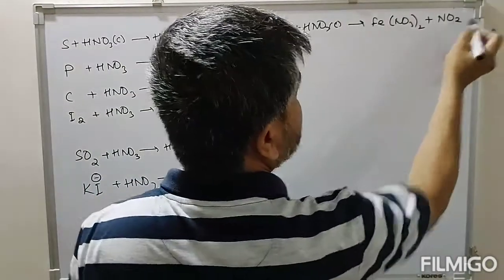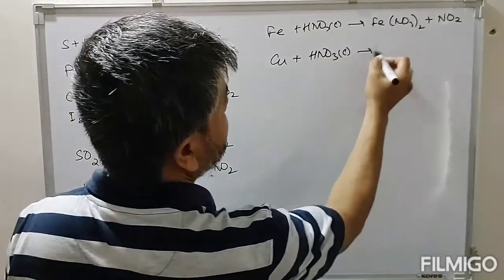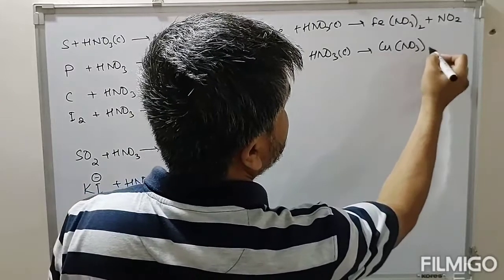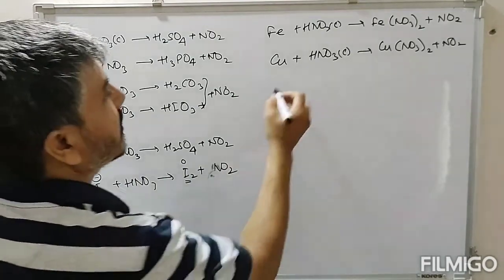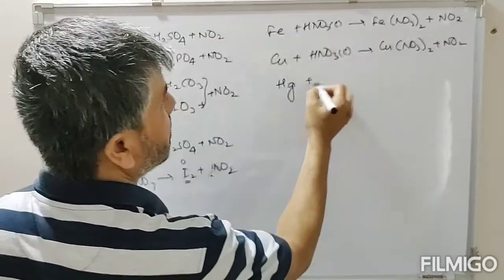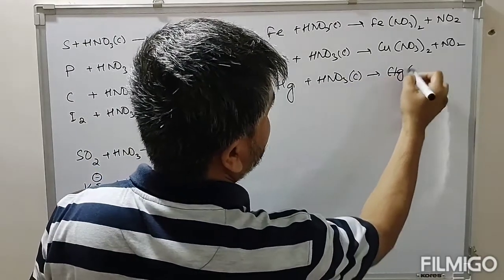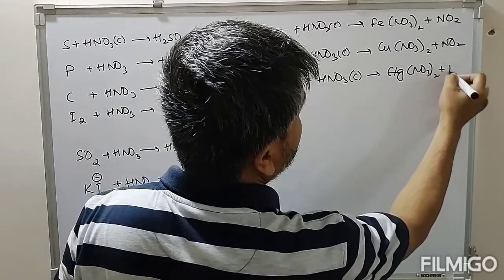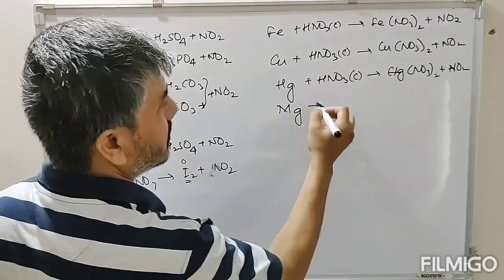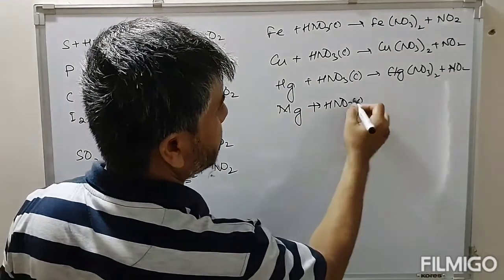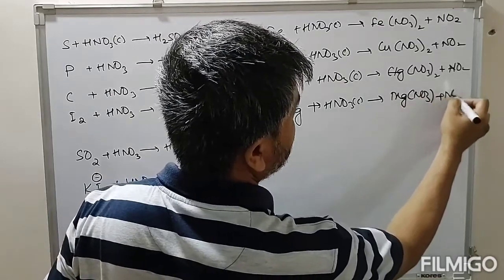Similarly, copper with nitric acid gives you cupric nitrate plus NO2. Even look at this, mercury reacts with nitric acid and gives you mercuric nitrate plus NO2. Even Mg reacts with concentrated nitric acid to give you magnesium nitrate plus NO2.